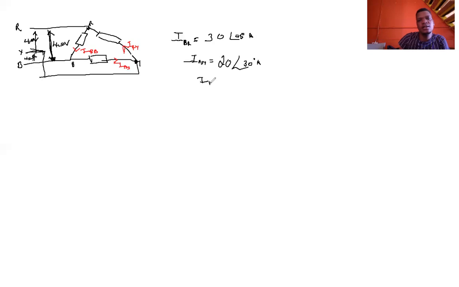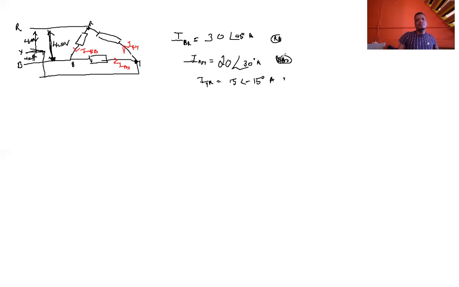Then IYR is negative 15 degrees amps. The notation is what I'm worried about, because YB is common, YB, RB, and YR.